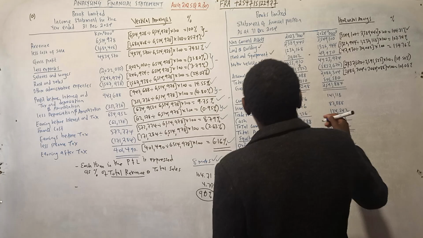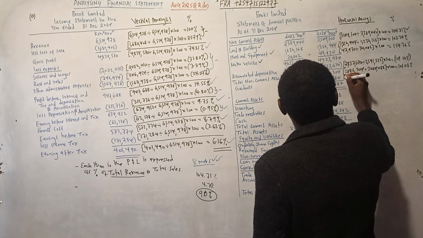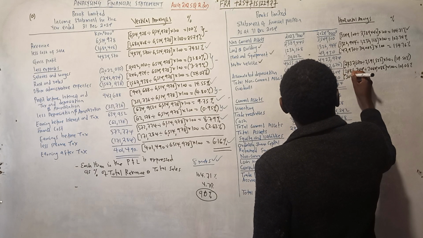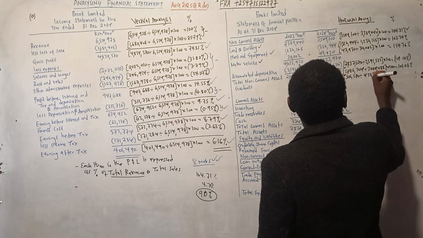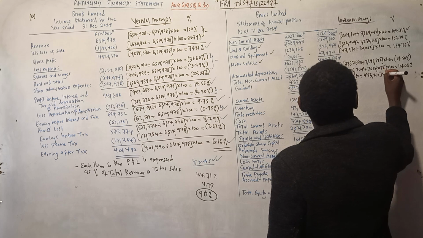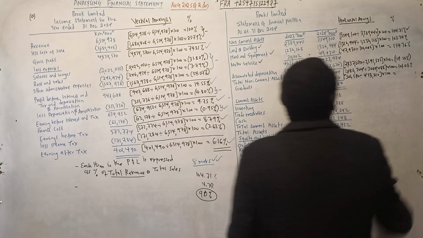Then the last one, total current assets. This one is 505,580 divided by 423,210 times 100.